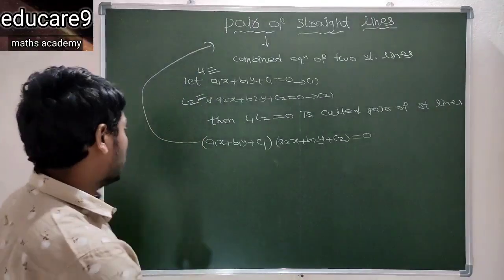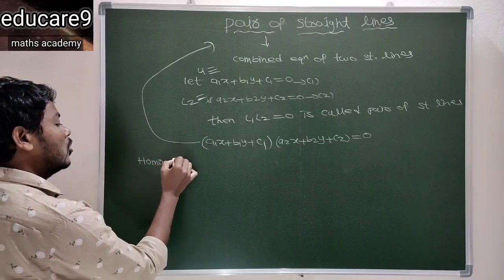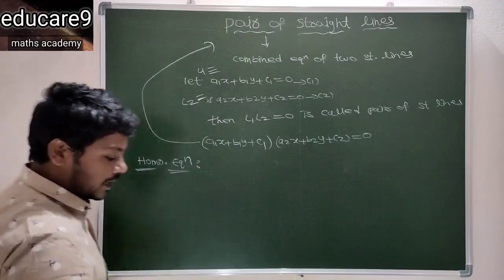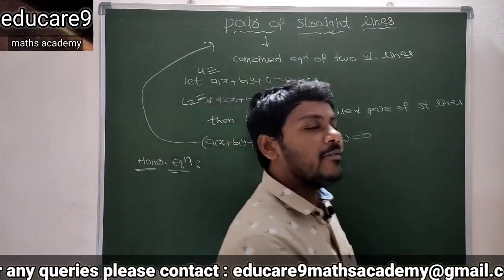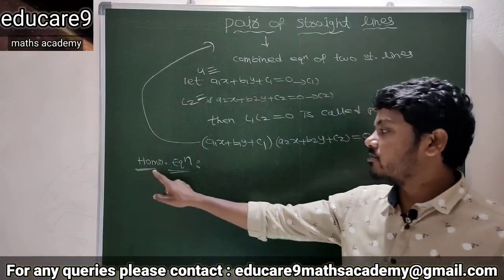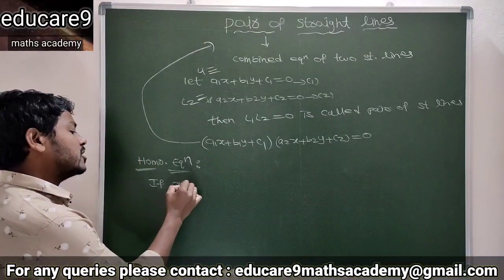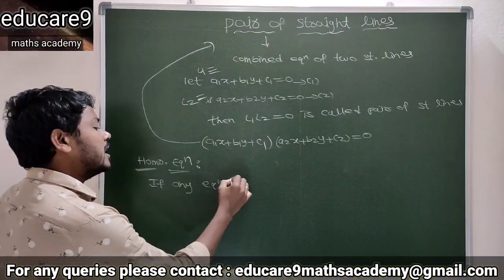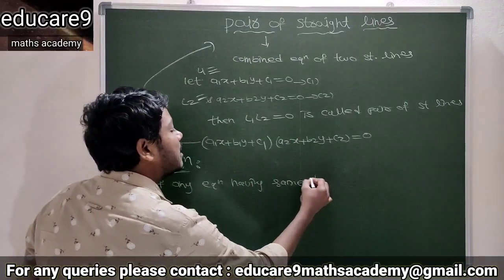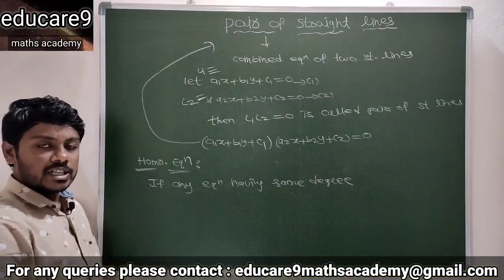First one, homogeneous equation. Homogeneous equation means if any equation has the same degree, then that type of equation is called a homogeneous equation.